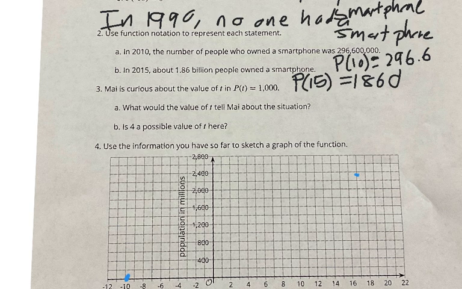We know in 2010, P of 10 was 296.6. So in 10, we were at 296, which would be about right here. And we know in 15, we were at 18,600.